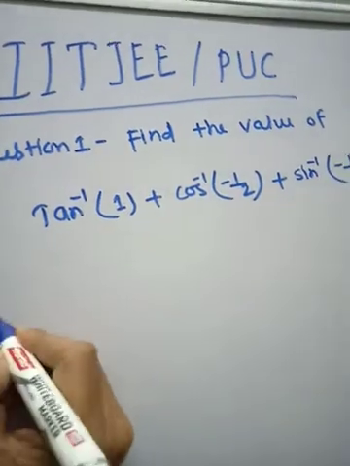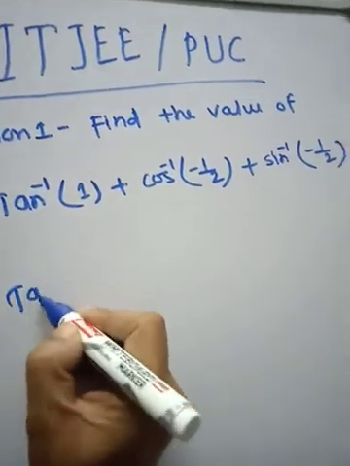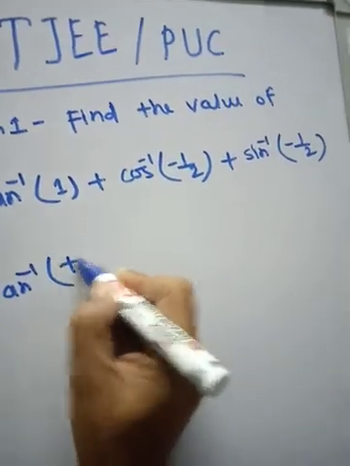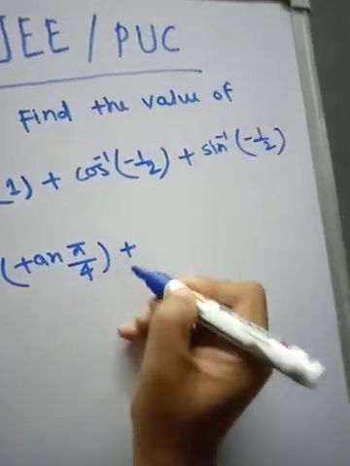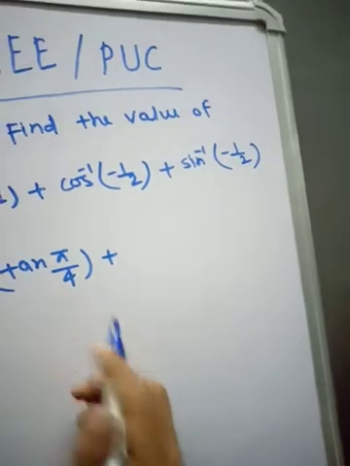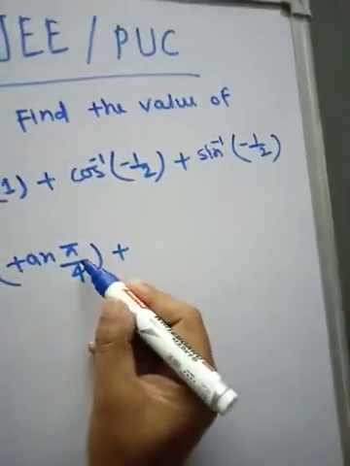So what can we write here? tan inverse tan pi by 4, plus, because tan inverse tan theta is theta, so pi by 4.